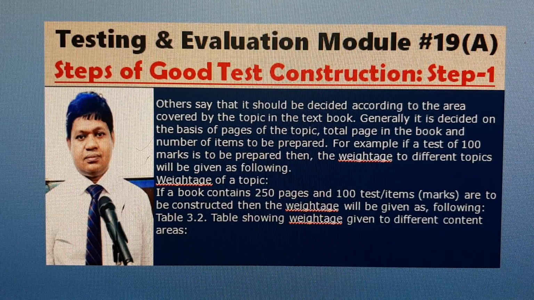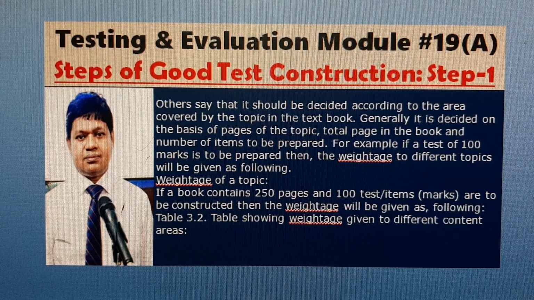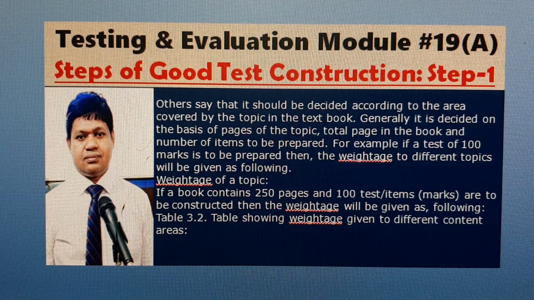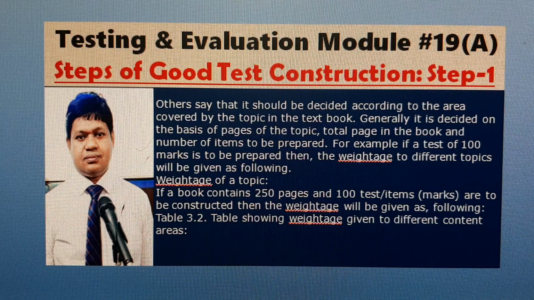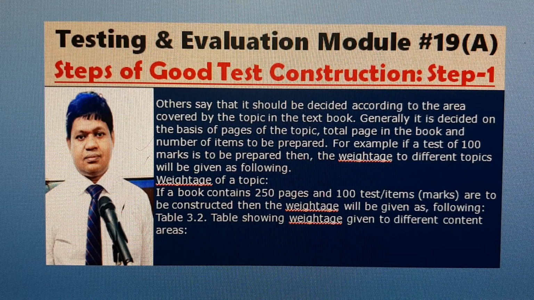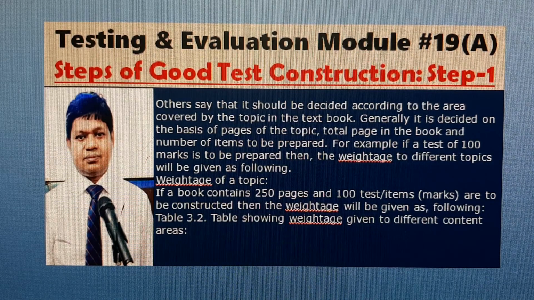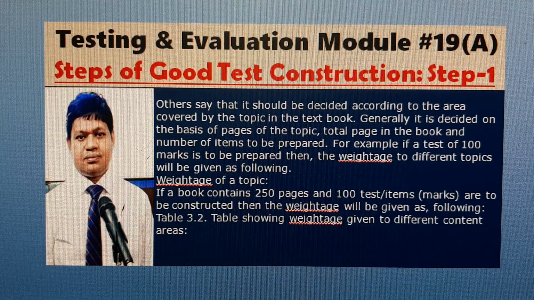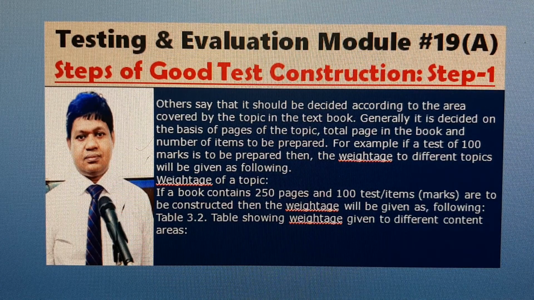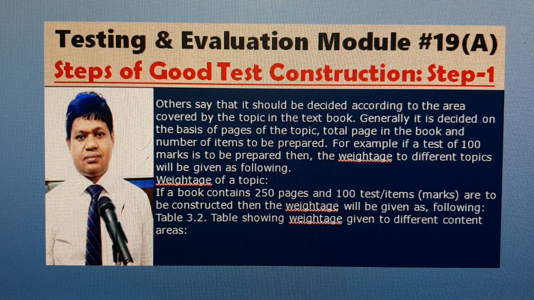Appropriate item types should be selected according to the learning outcomes to be measured. For example, when the outcome is writing or naming, supply type items are useful. If the outcome is identifying a correct answer, selection type or recognition type items are useful. So the teacher must decide and select appropriate item types as per the learning outcomes.